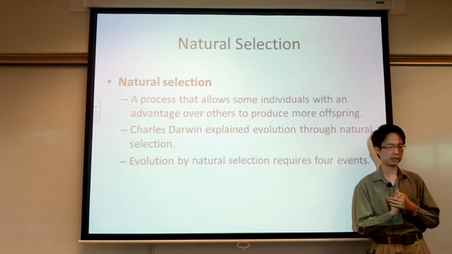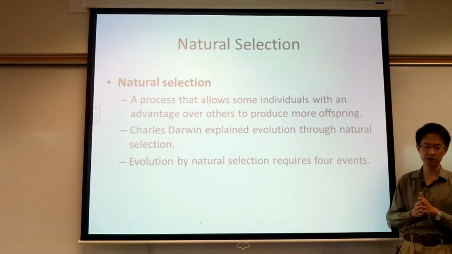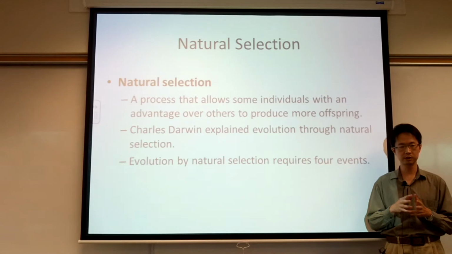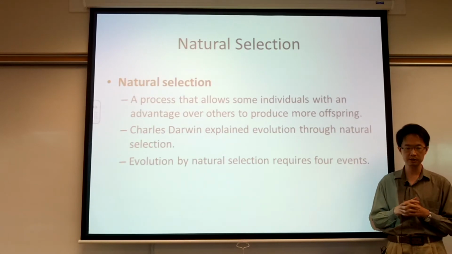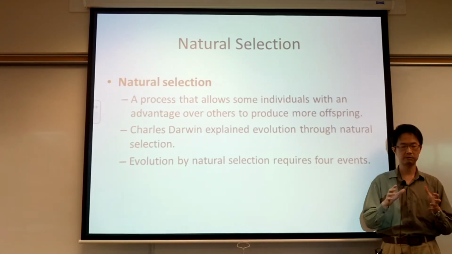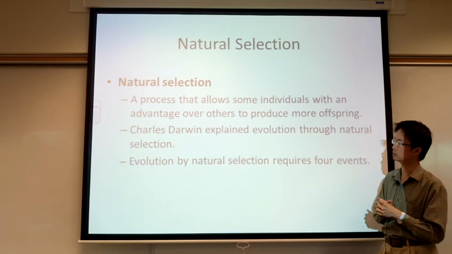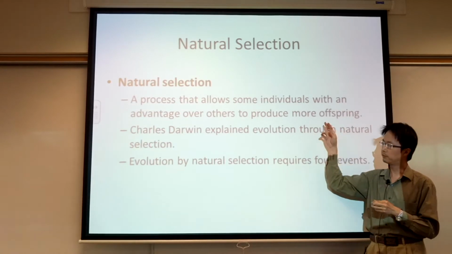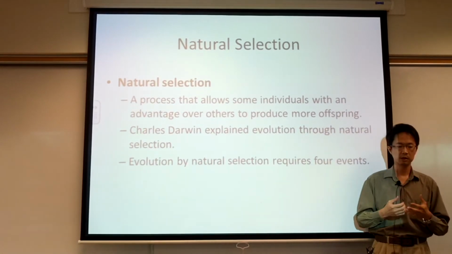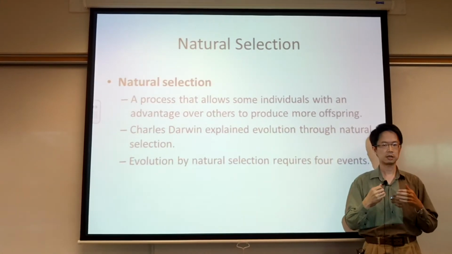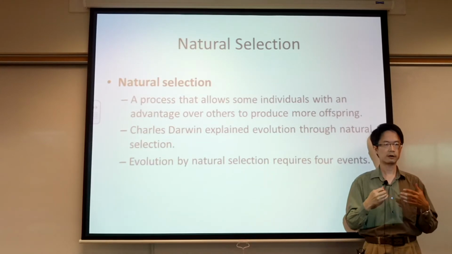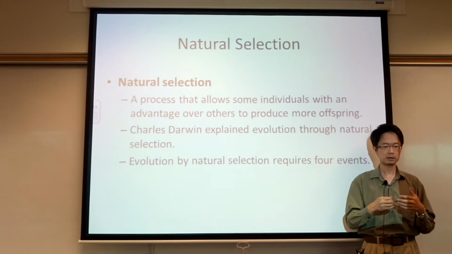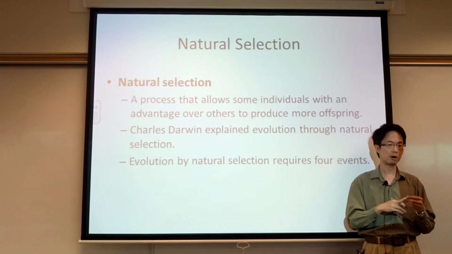Natural selection. Okay, and finally we go to natural selection. Natural selection is the driving force of evolution. This is something that we talk about in the class. It's the mechanism or driving force of evolution. For organisms that have an advantage or a trait that favors them to survive, they will have the advantage to produce more offspring.